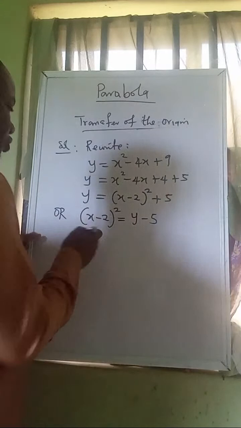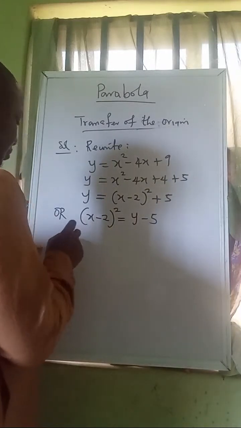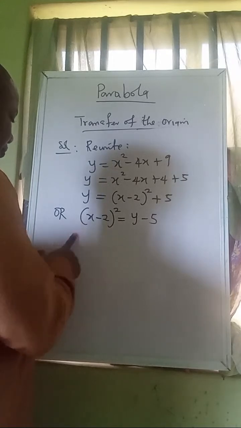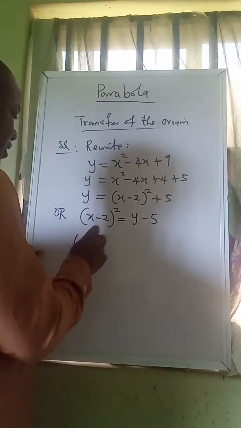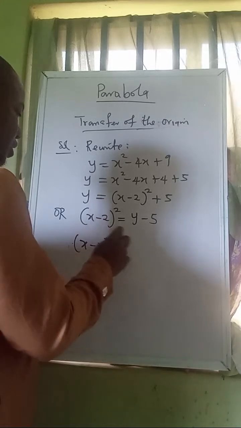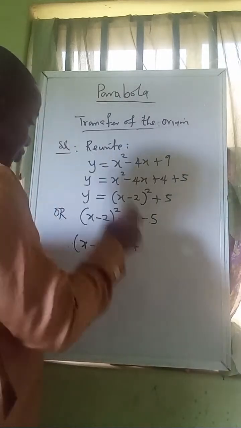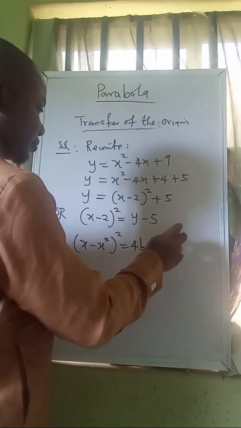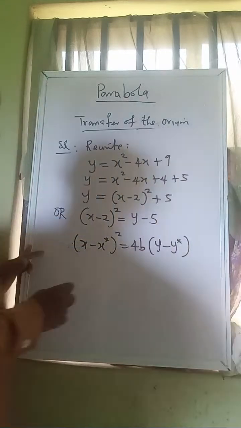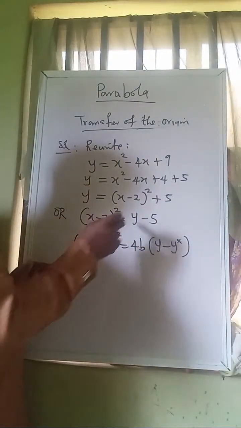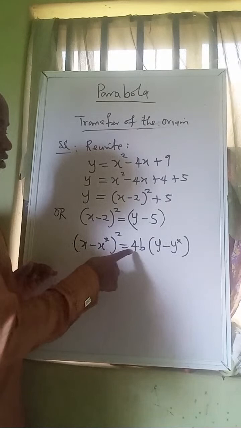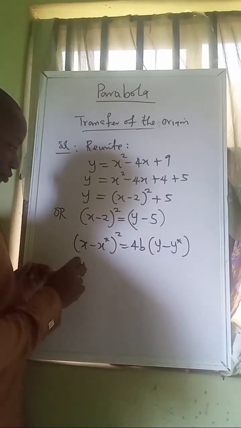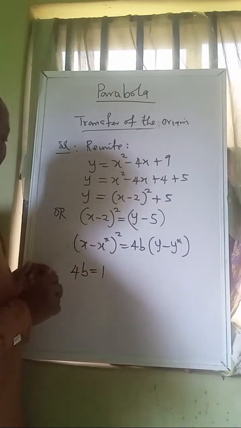So if you compare this with (x minus x star) squared equal to 4b times (y minus y star), okay, so we'll say in this case, if you group this as this, you see that 4b in this case is equal to 1 by comparison.